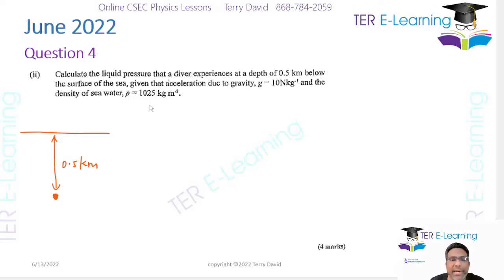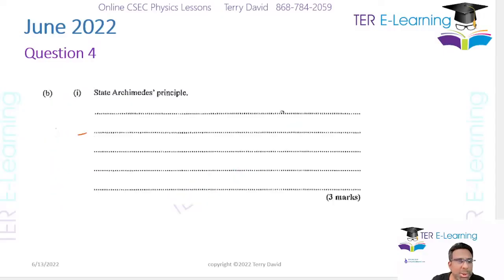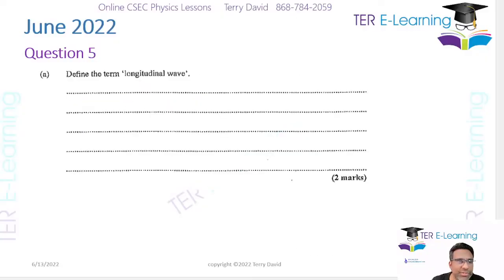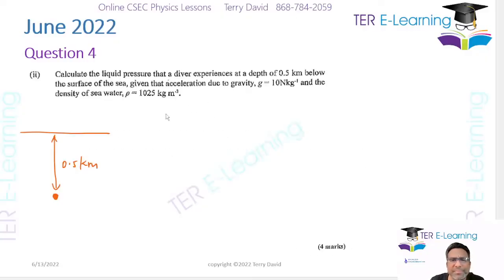And they want us to calculate the liquid pressure that a diver experiences at a depth. I'm just checking to see if they give us atmospheric pressure, right? Okay, so here's what we need to do, right? The pressure on the diver here, right? Oh, all they wanted is the liquid pressure, right?